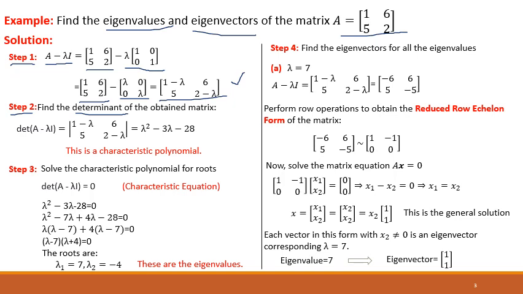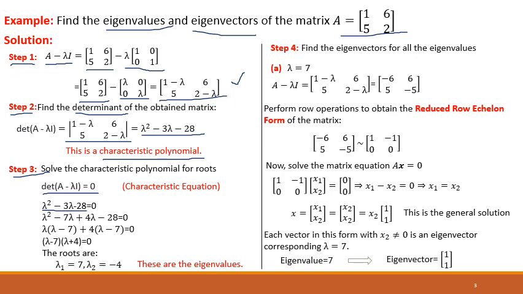When we calculate the determinant of the obtained matrix, we will get a polynomial, and this polynomial is known as characteristic polynomial. In step 3, we will solve the characteristic polynomial with the help of the characteristic equation, which is the determinant of A minus lambda I equal to 0.